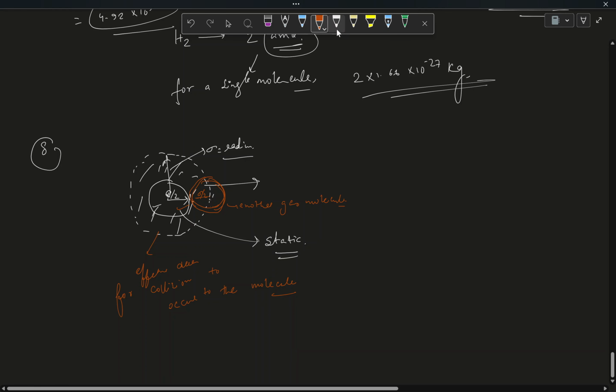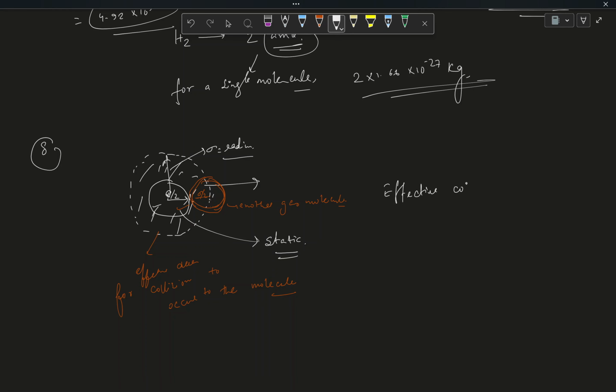So this is your effective collision cross section, equal to pi sigma squared, because this is a circle of radius sigma, so the area will be pi sigma squared.